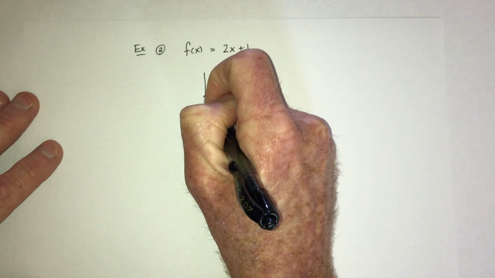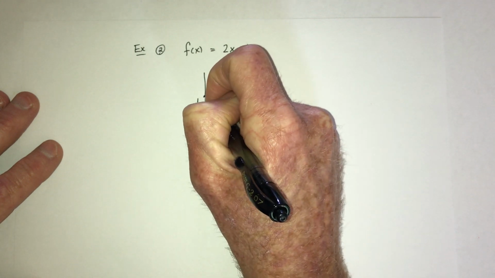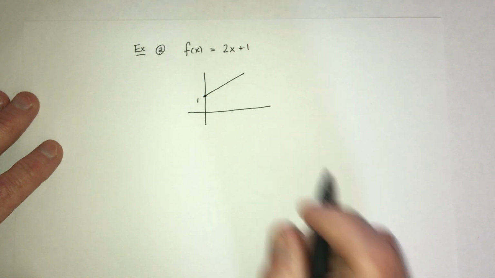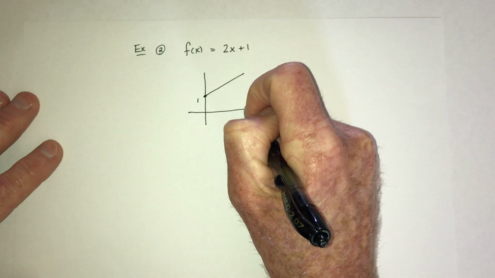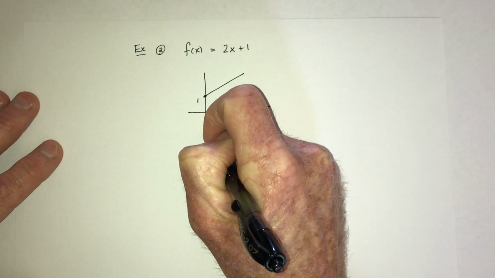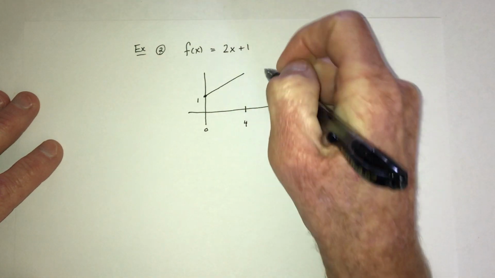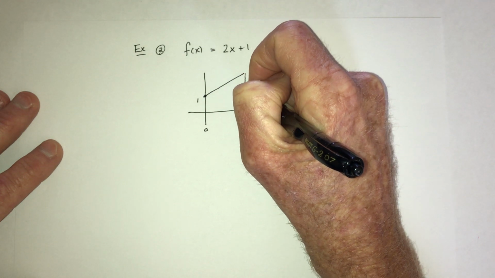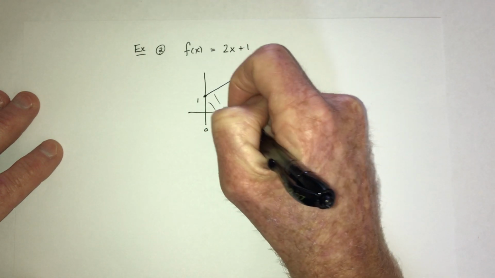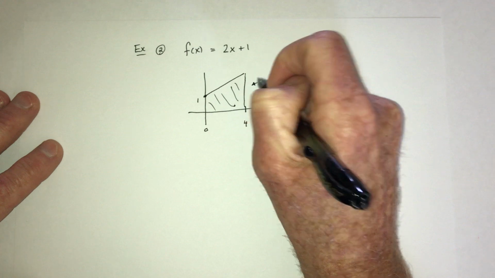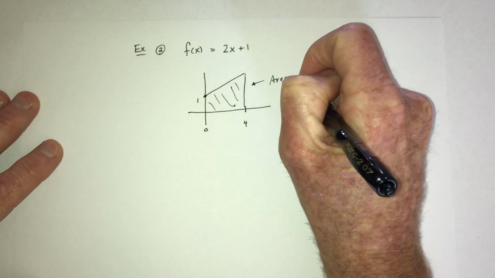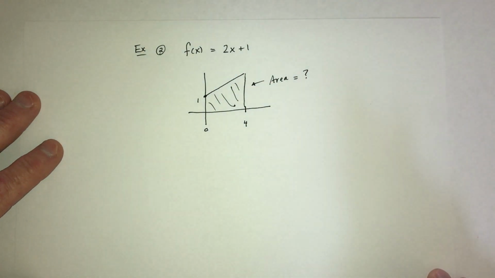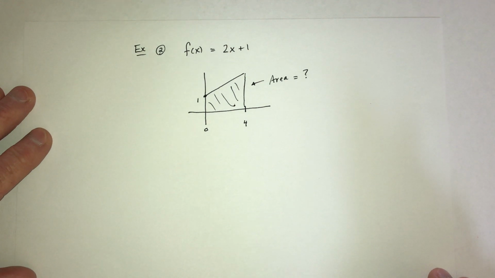So that would cross the y-axis at 1, and then it would go up with a slope of 2. And then let's say that you follow it on the x-axis from 0 to 4. And then find this area right here. That is what we're going to use Riemann sums for.